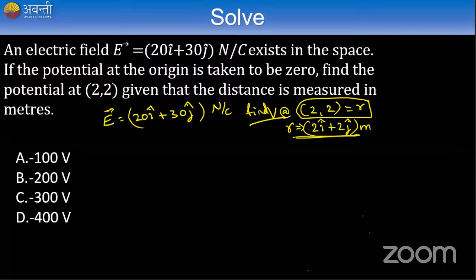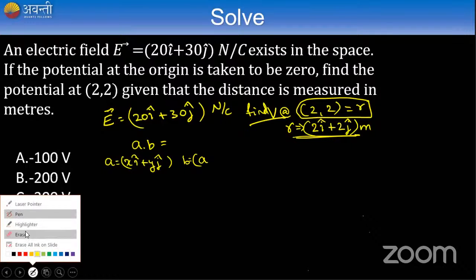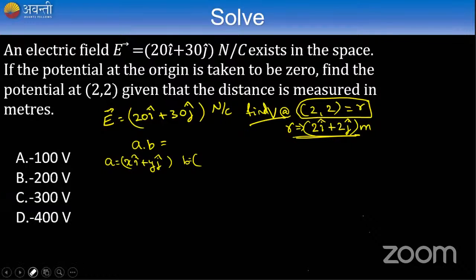Which product, I mean, what is the thing we have to use here? One thing you have to remember here is A dot B. What is A dot B? Say A is equal to x i cap plus y j cap, and B is, let me use some other variable, P i cap plus Q j cap.